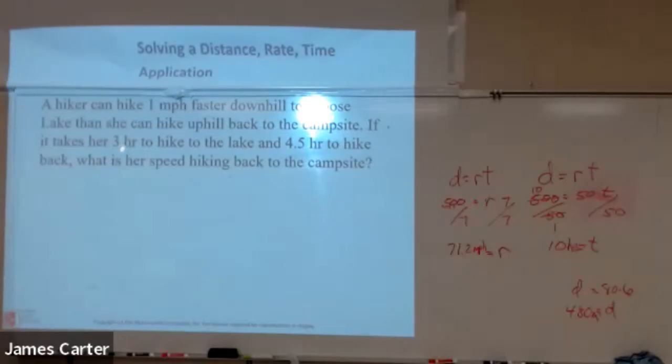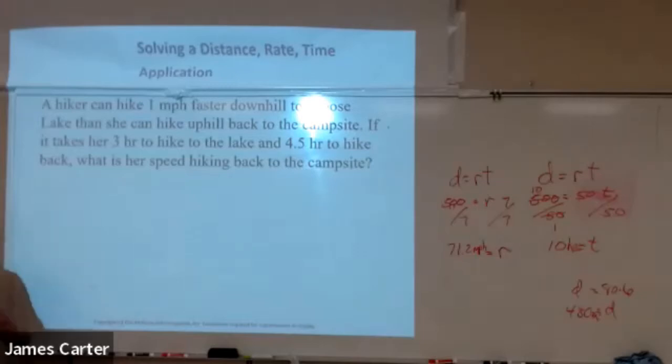Now, if it takes her 3 hours to go to the lake and 4.5 hours to go back, this is saying 3 hours down, 4.5 up, okay? What's her speed going back to the campsite? Doesn't tell us how far it is, does it?